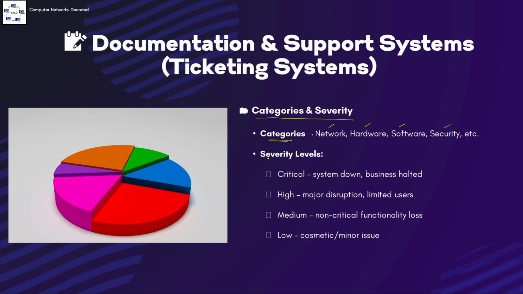And the severity levels of the issues are: the most serious is the critical, which means the system is completely down and the business is halted due to the specific issue. Next is the high severity issues, which again includes a major disruption, but this issue may impact limited users, not all users of the organization.